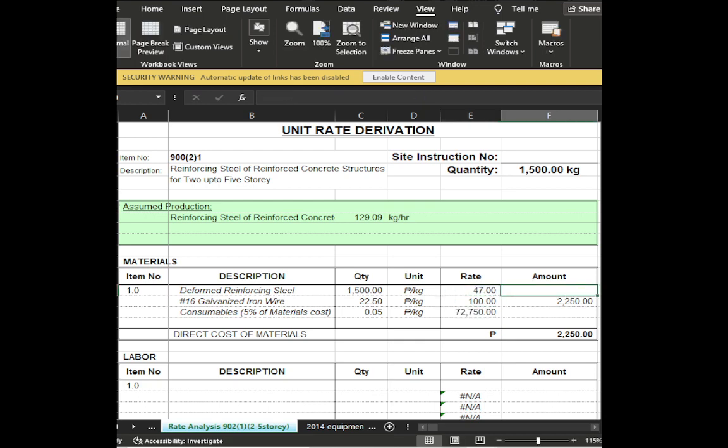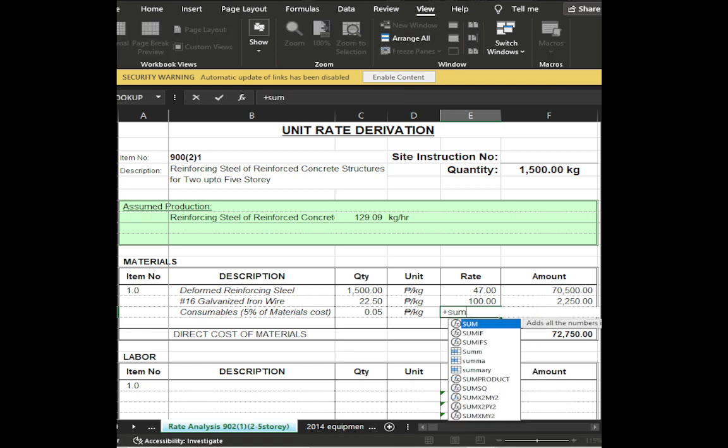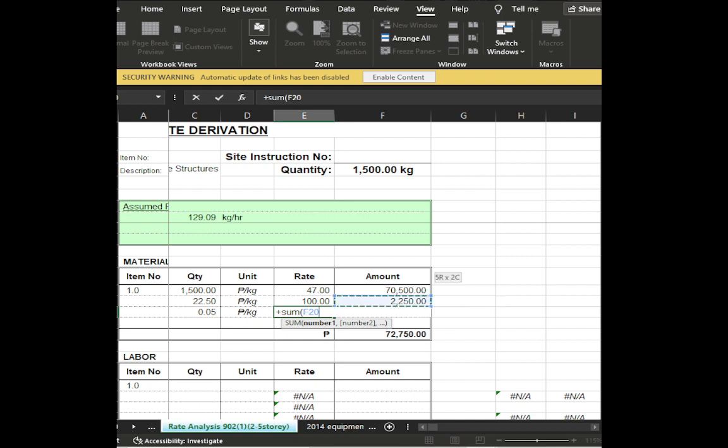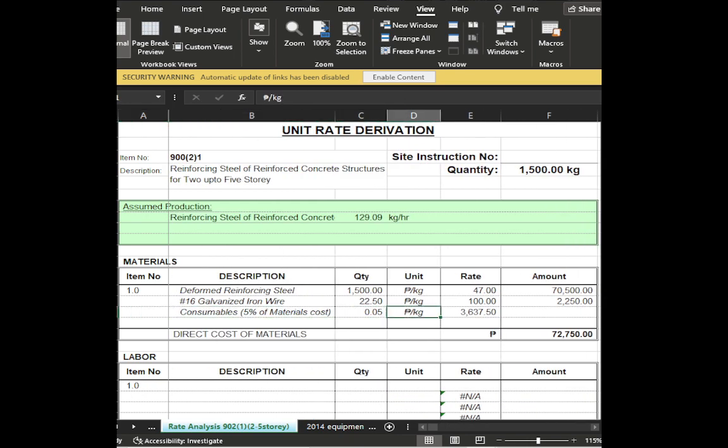So the total of reinforcing steel amount is 70,500. We will sum these two, then we will multiply it by 0.05.